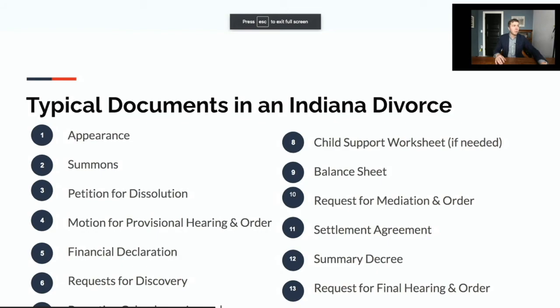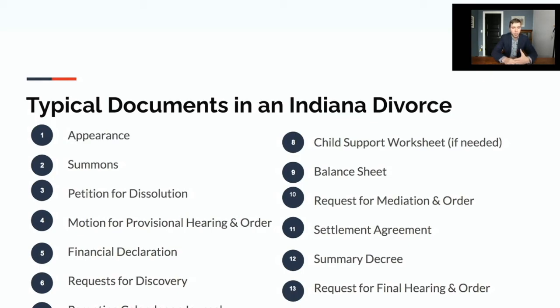So what we just went over is an overview of a lot of the different documents that you're going to see through the Indiana divorce process. You have the petition for dissolution, the provisional orders, the financial declaration and discovery documents, all the way through the settlement agreement, summary decree, and request for final hearing.